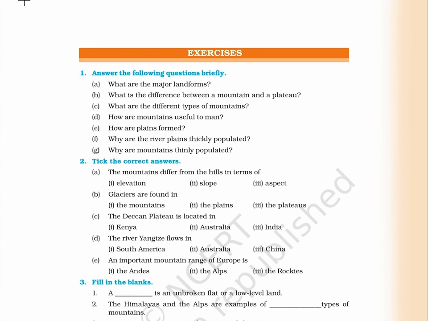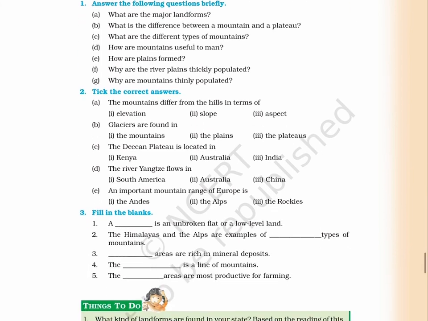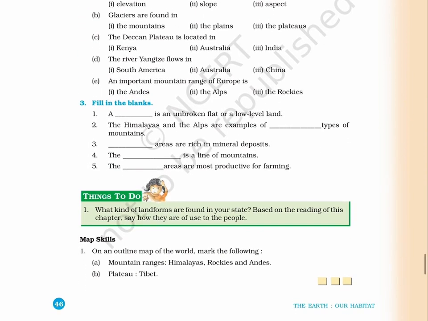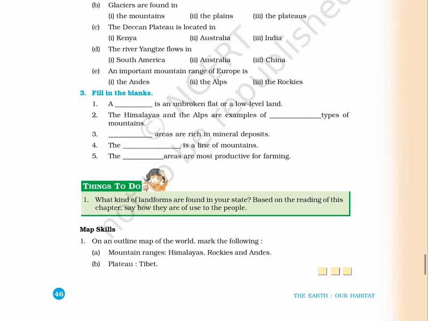Kenya, 2. Australia, 3. India. D. The river Yangtze flows in 1. South America, 2. Australia, 3. China. E. An important mountain range of Europe is 1. The Andes, 2. The Alps, 3. The Rockies.